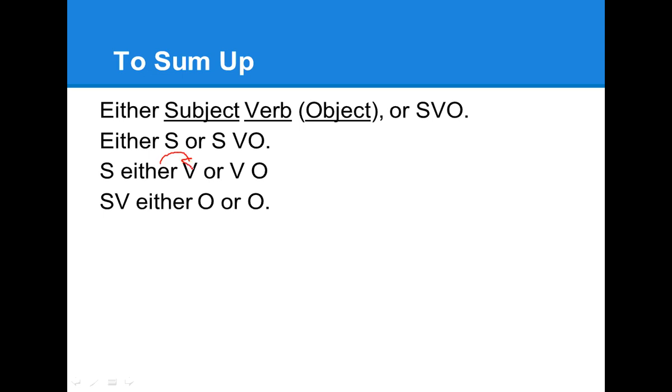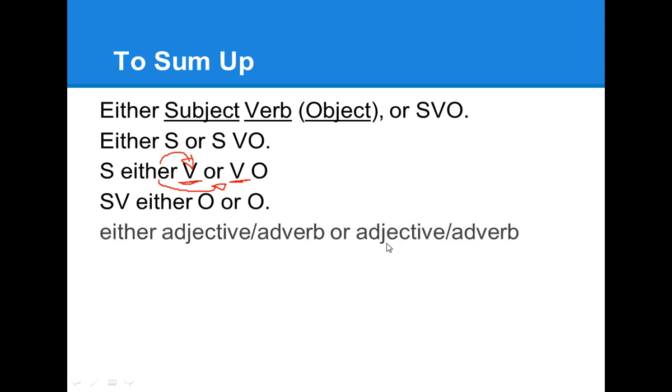The key is that we have either or around the things that are different. We can do this for just adjectives or just adverbs. I can say, I either am smart or dumb when it comes to studying. Maybe an example.